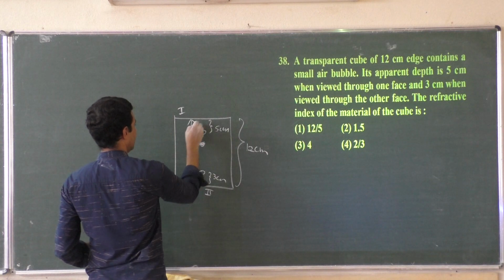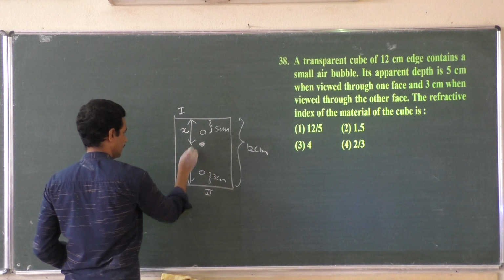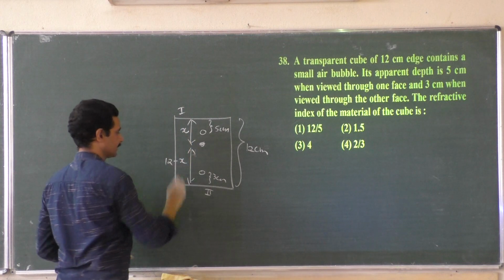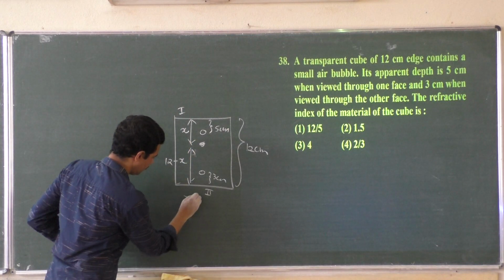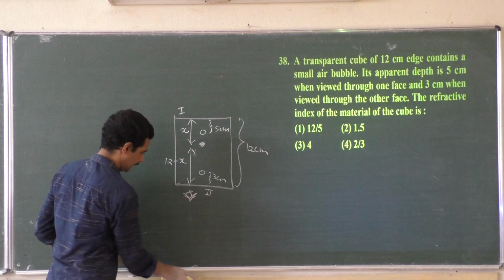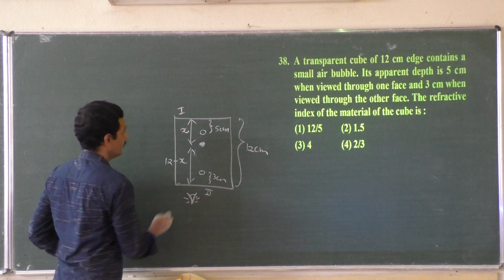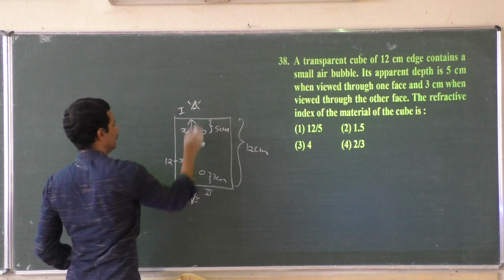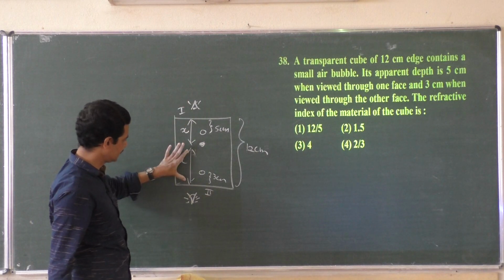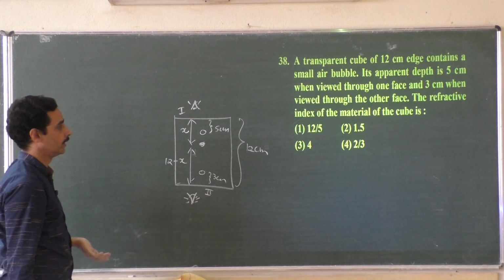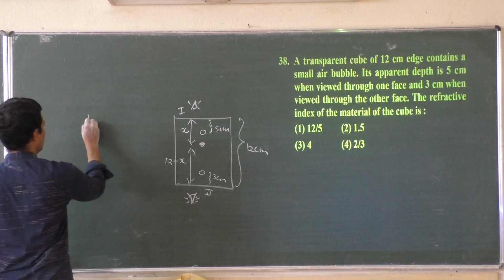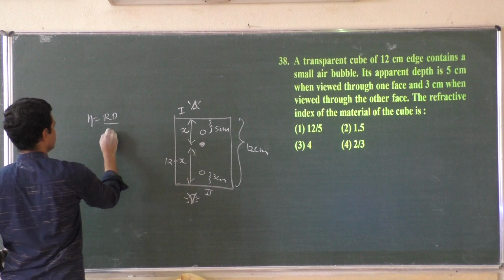If the real depth here is x, here the real depth is 12 minus x. From this face when you observe, this is real depth, and when you observe it here, this is real depth. Now refractive index of the material is real depth by apparent depth.